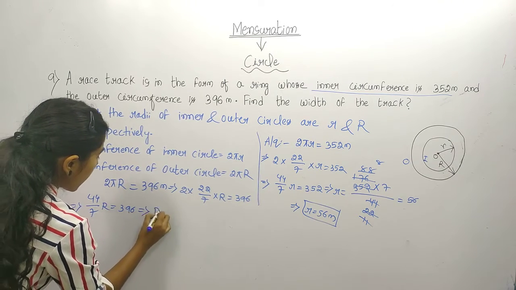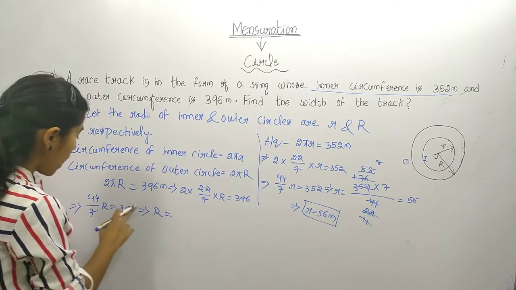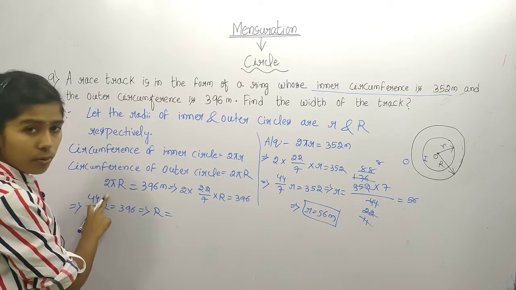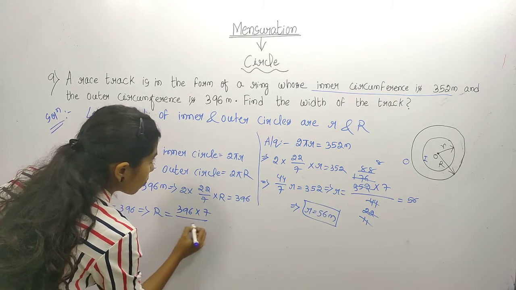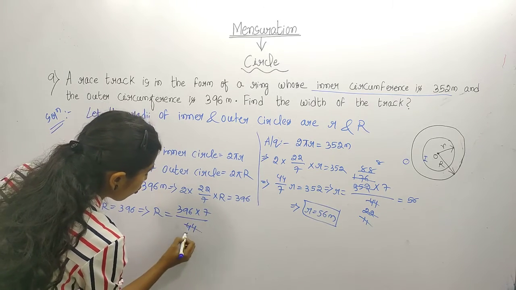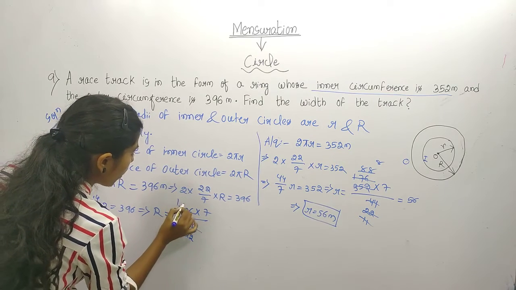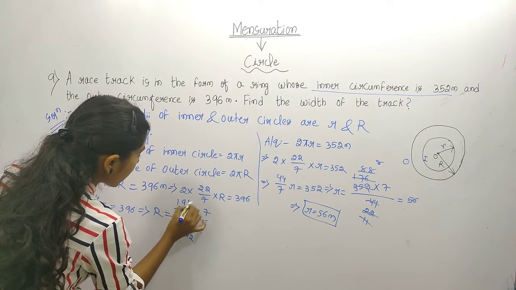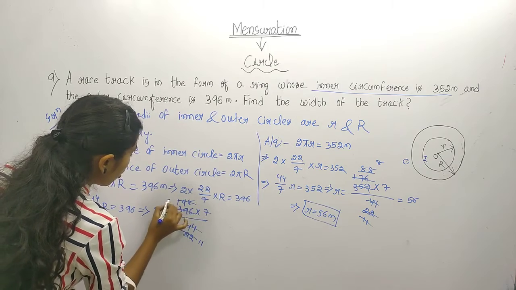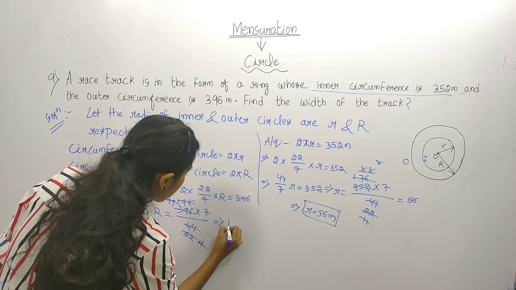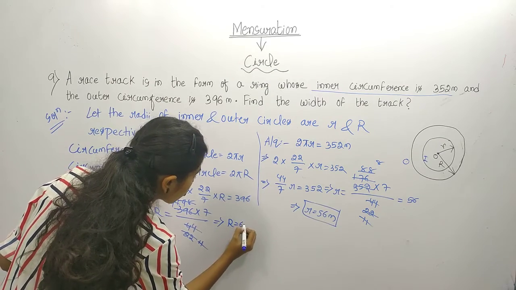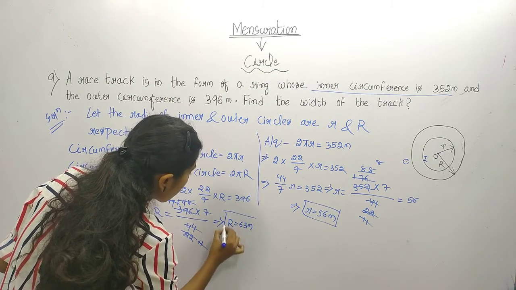So capital R equals 396 into 7 divided by 44. 396 divided by 44 is 9, and 9 into 7 is 63. So capital R equals 63 meter.